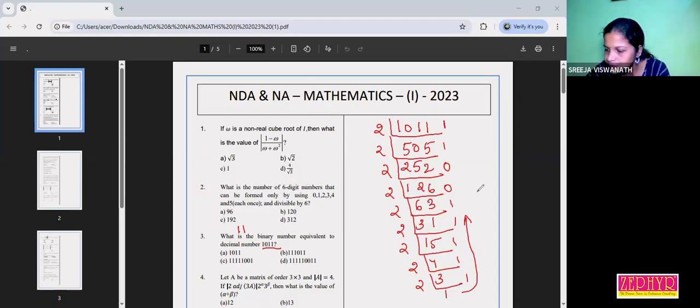No, sorry, 5 times 1, correct. Is it clear? 5 times 1, 00, 11. Option D.